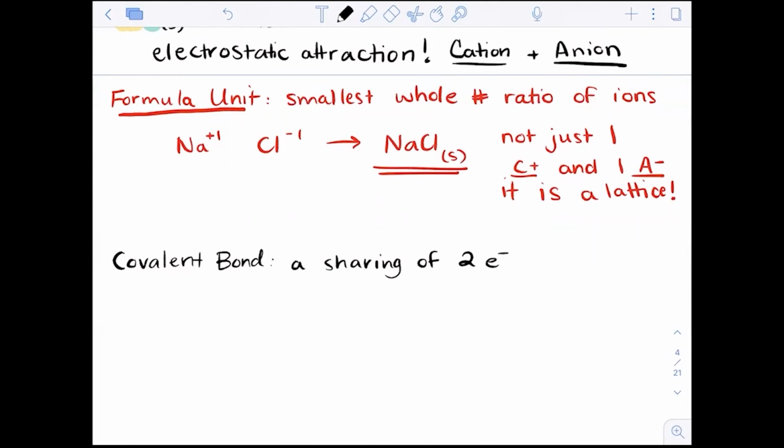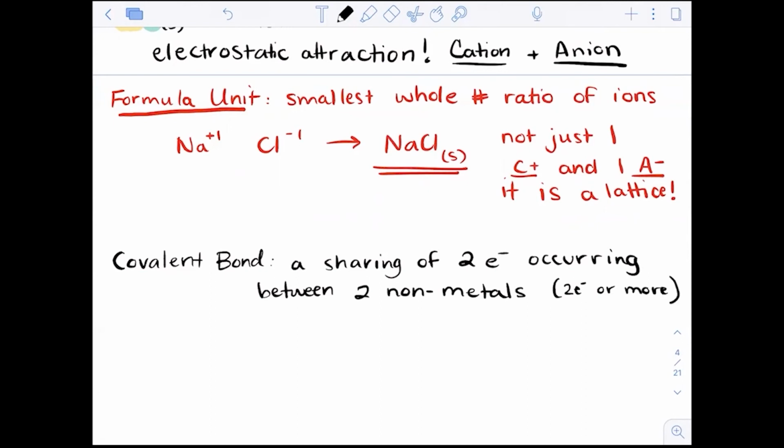Specifically, it could be 2 or more, but we'll stick with 2, occurring between, specifically, 2 nonmetals. And I'll say here 2 electrons or more, but at least 2 in order to get that bond to occur.